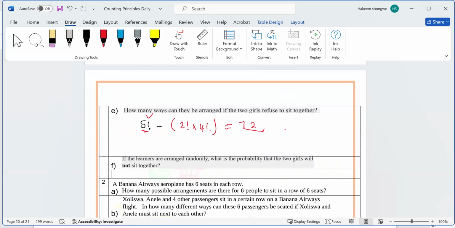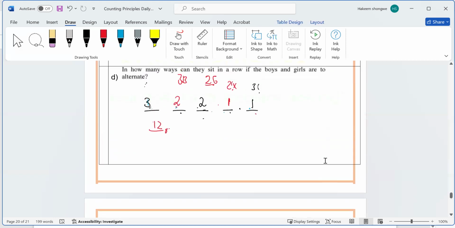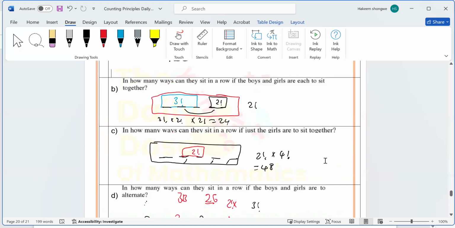Number F. From whatever you said, the girls are not sitting together. How many ways can the girls be seated if just the girls are sitting together? Can I get past number D?